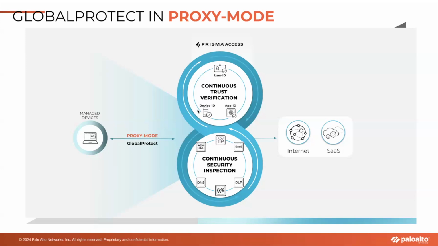The proxy will do the continuous trust verification as well as the continuous security inspection using all of the features like advanced URL filtering, threat prevention, SaaS security, DNS, advanced WildFire, DLP, etc. So there is a continuous security inspection and a continuous trust verification, which means ZTNA 2.0 for any traffic that goes towards the internet to access anything on the internet or maybe the internet hosted SaaS applications. So this is one of the use cases for the proxy mode.